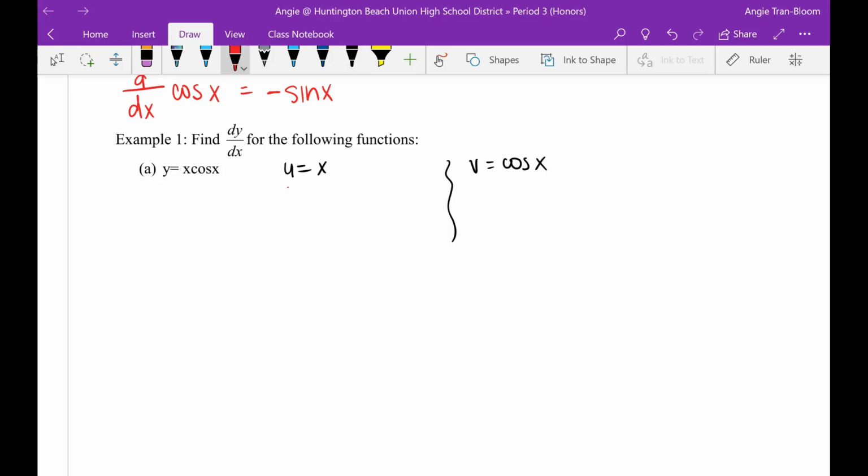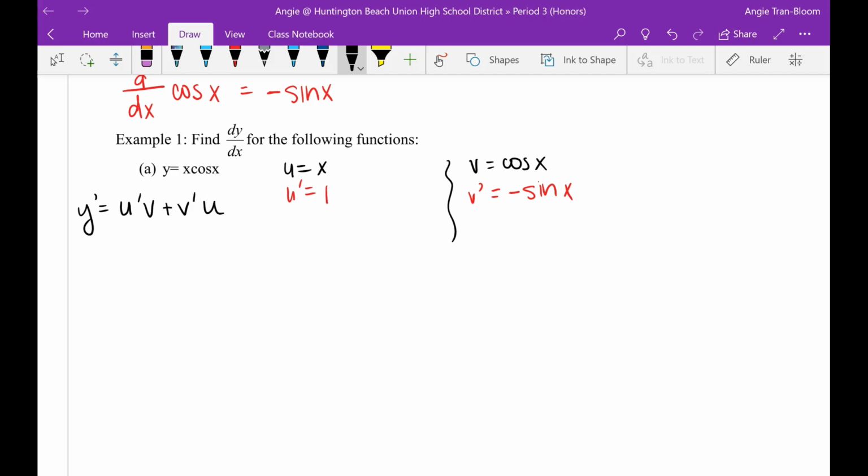So u prime is going to be 1. v prime, based on what we just wrote above, the derivative of cosine is negative sine of x. Based on the rule, y prime is u prime times v plus v prime times u.